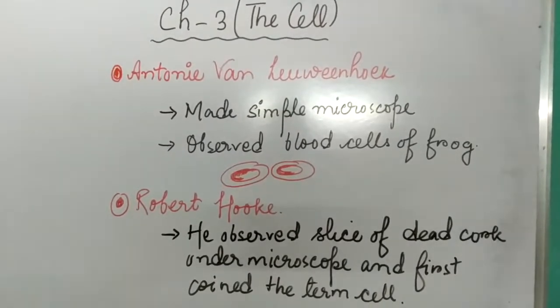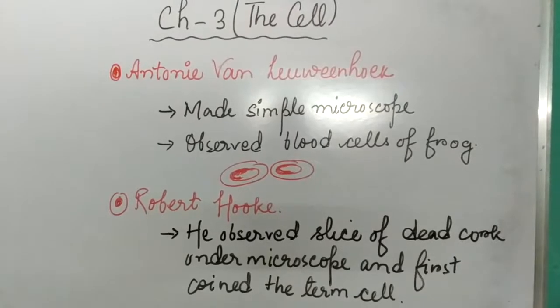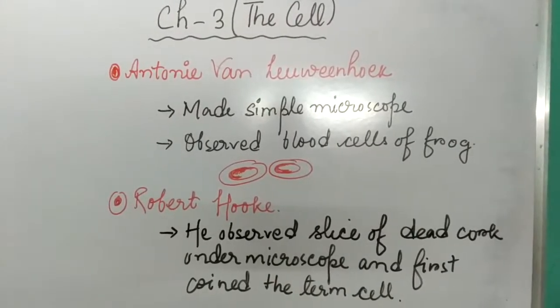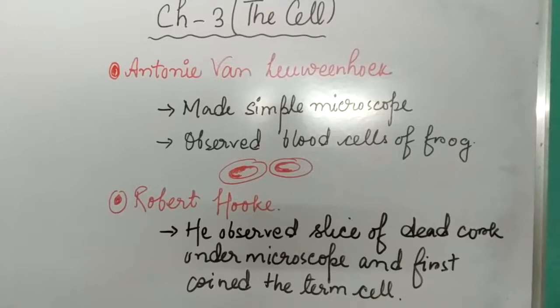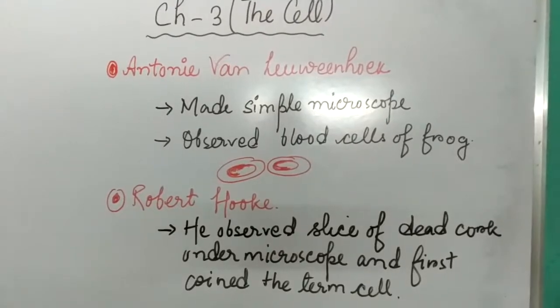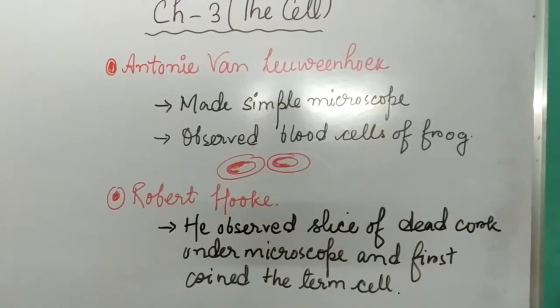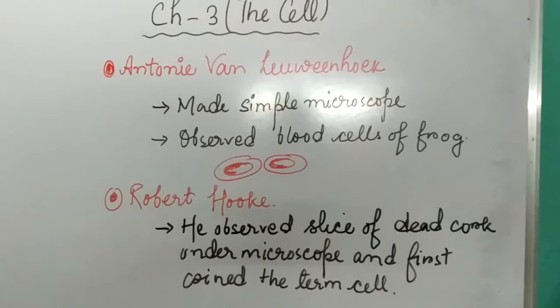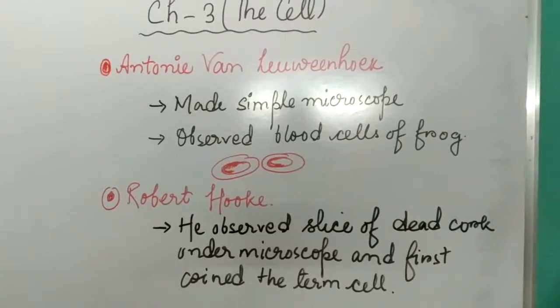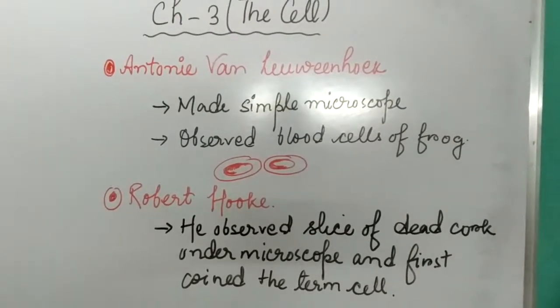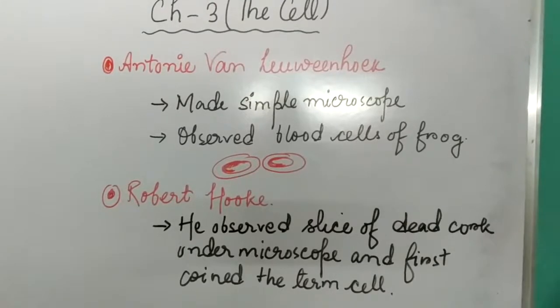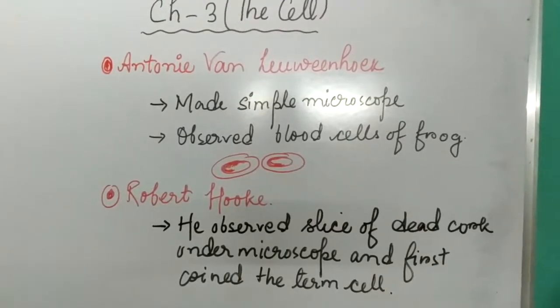After Antony van Leeuwenhoek, the person who came was Robert Hooke. Now Robert Hooke actually made a more powerful microscope which consisted of two biconvex lenses. That means Antony van Leeuwenhoek made a simple microscope and Robert Hooke made a more powerful microscope.